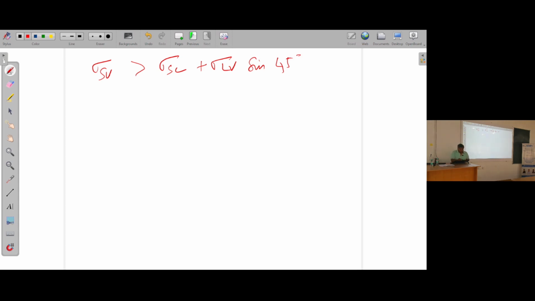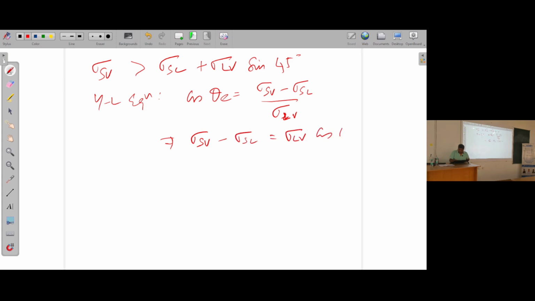And you also know that any liquid, when it is trying to fill, will have its equilibrium contact angle. So if you use the Young-Laplace equation, cos theta E, the equilibrium contact angle, will be sigma SV minus sigma SL divided by sigma LV. So from here you will get sigma SV minus sigma SL equal to sigma LV cos theta E. I'm going to substitute this here.